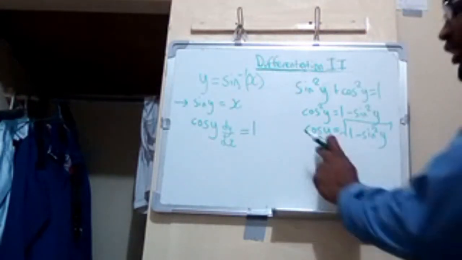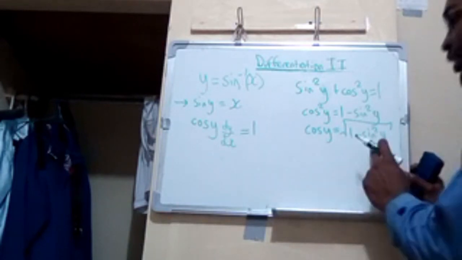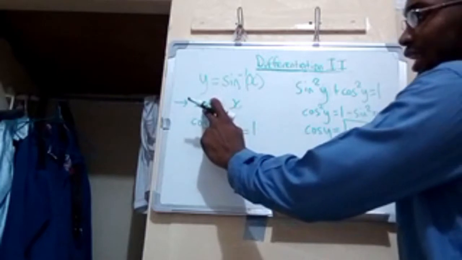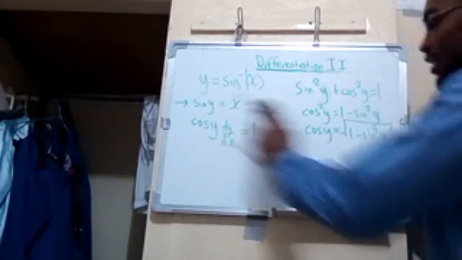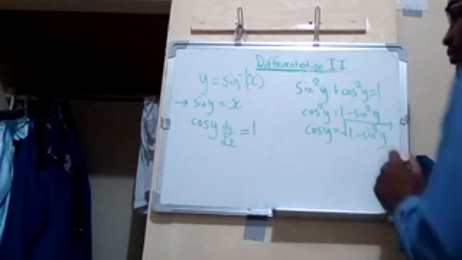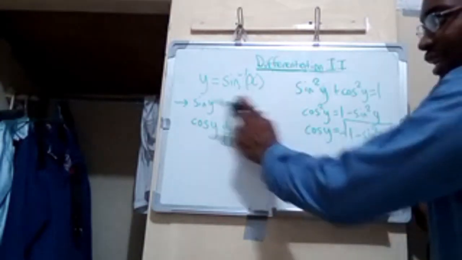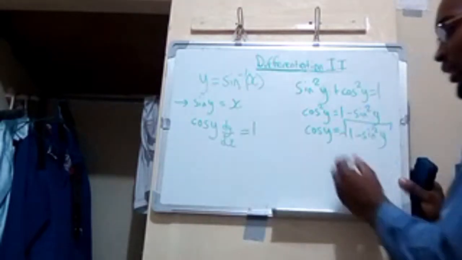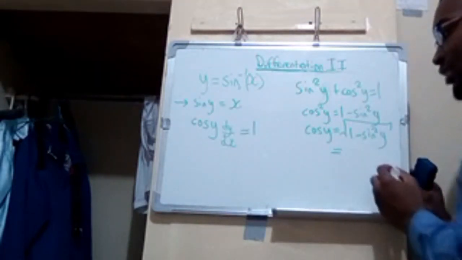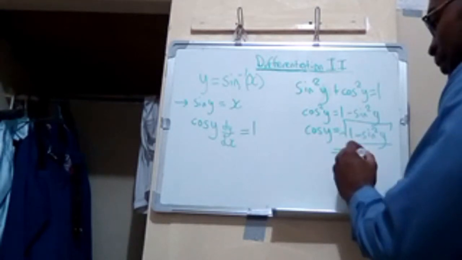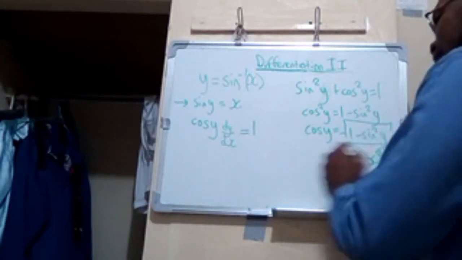But then, what was y? We said that sine y equals x, and so sine square y will be equal to x squared. And so cos y is equal to the square root of 1 minus x squared.